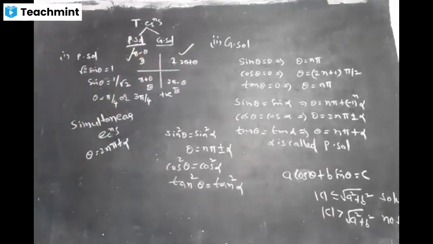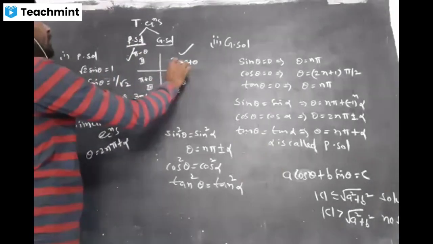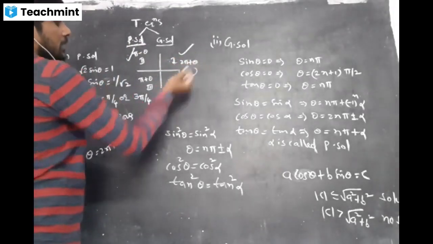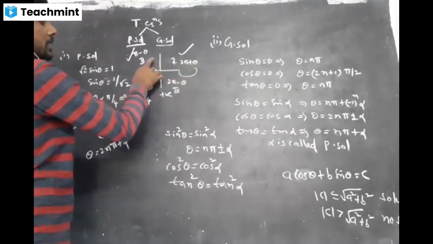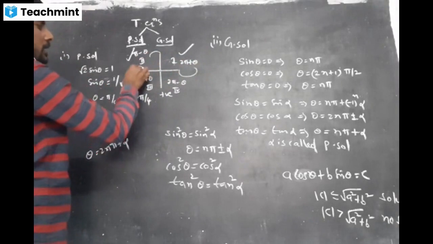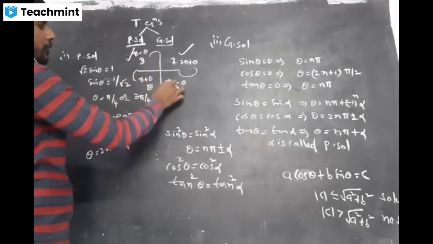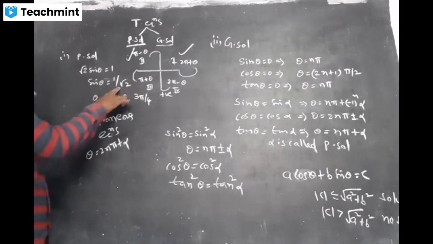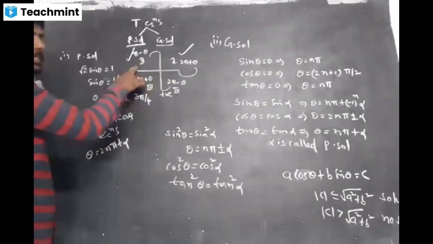The first quadrant is 2 pi plus theta, or 0 plus theta. The second quadrant is 180 minus theta. The third quadrant is 180 plus theta, and the fourth quadrant is 2 pi minus theta. So sin theta is positive in the first and second quadrants.